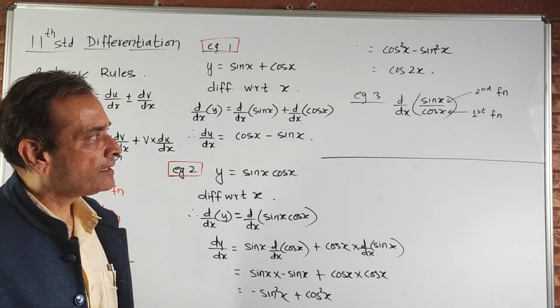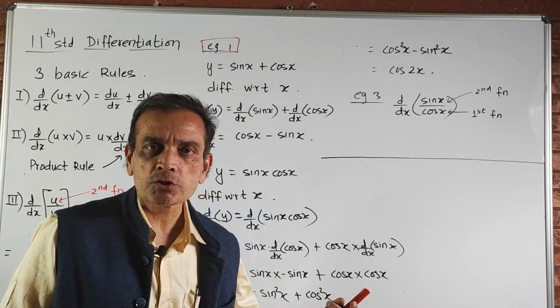फिर ऊपर क्या लिखना है? How do you remember the quotient rule?